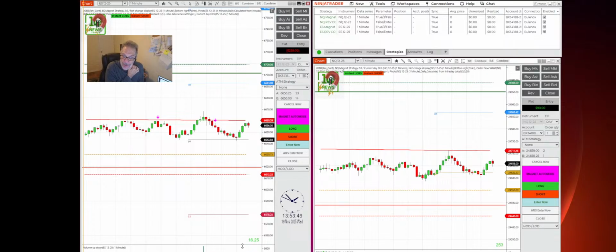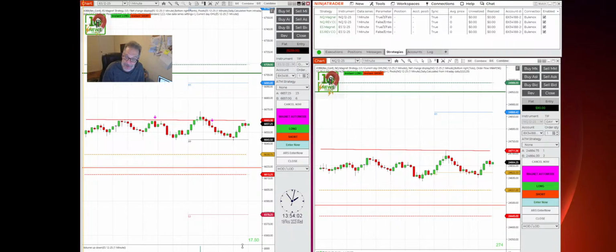I don't think we'll get to the high. It's too far away on the NQ. Could get to the low. Be a pretty big sell-off if it happens. I don't think we're going to fill either trade. I think they're just a little too far away.